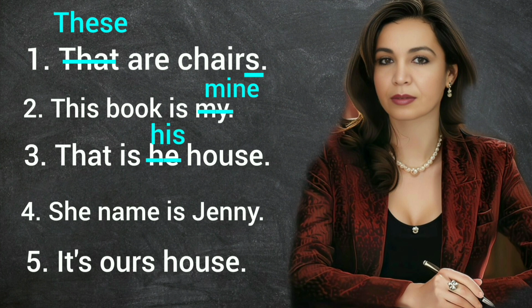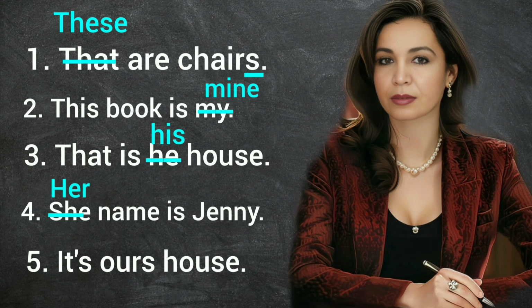House is a noun. So we have to use possessive adjective. This is his house. Similarly, for the next one, she name is Jenny. We want to show that Jenny belongs to this girl's name. So we have to change she and put her name is Jenny.